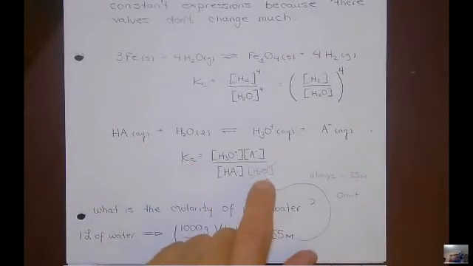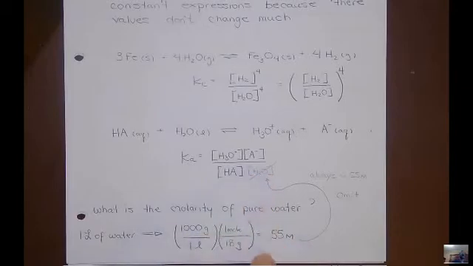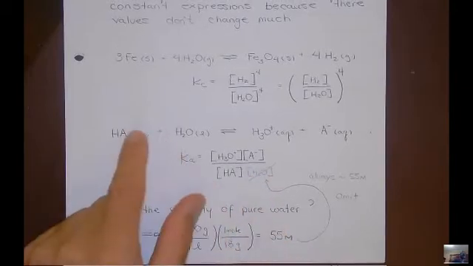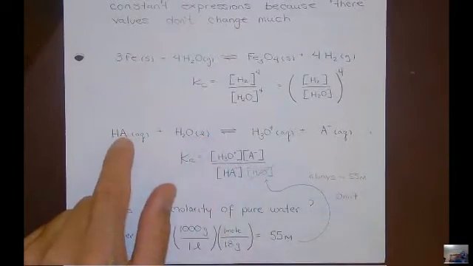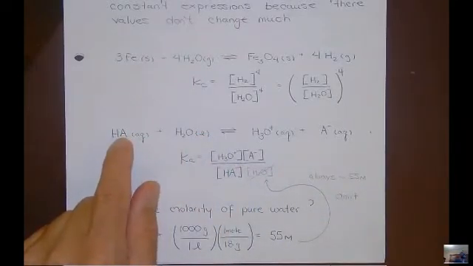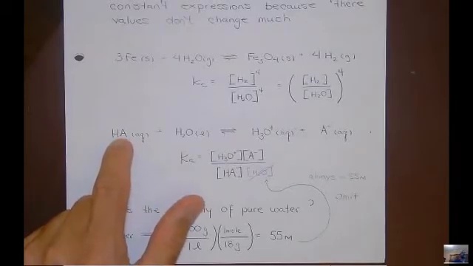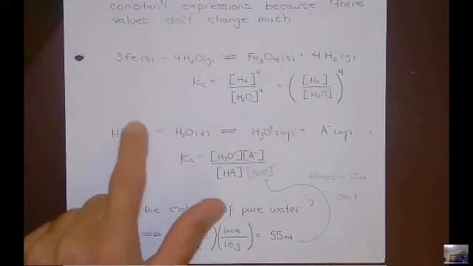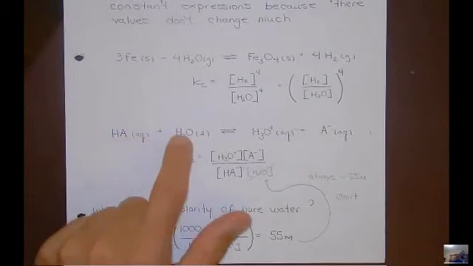Well, why would I constantly have this number 55 in the denominator? It's basically a constant because the amount of HA is going to be on the order of, how much acid can actually dissolve in the water? At maximum, it's something like 1 molar, but in reality, it's usually like 0.1 or 0.2 or 0.01. These are tiny, tiny amounts of acid in the water.